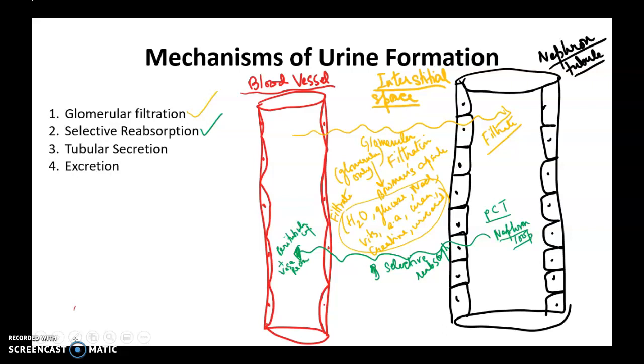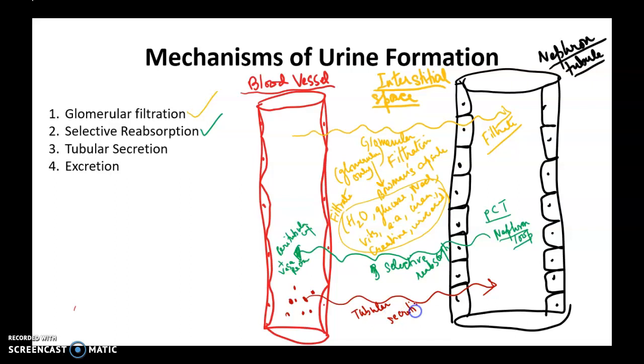But tubular secretion is a process where specific things are dumped out into the nephron tubule. So if you have a specific thing, for example, let's say you have these specific molecules that you want to get rid of, these specific molecules will move into the nephron tubule by a special process called tubular secretion.